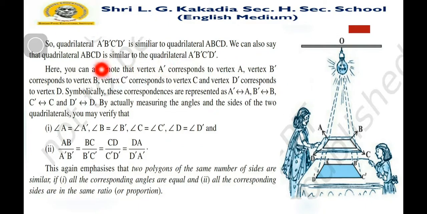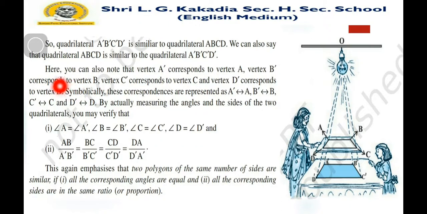We can also say that quadrilateral ABCD is similar to quadrilateral A dash B dash C dash D dash. Conversely, if ABCD is similar to quadrilateral A dash B dash C dash D dash, we can also say that A dash B dash C dash D dash is similar to ABCD.